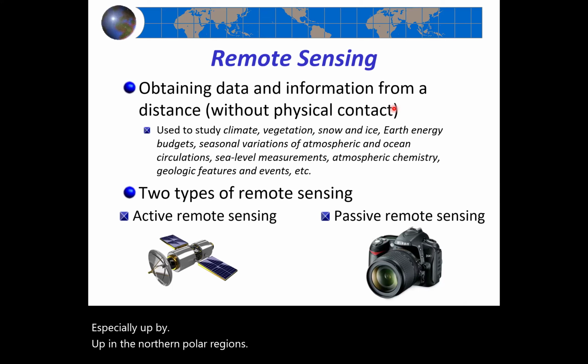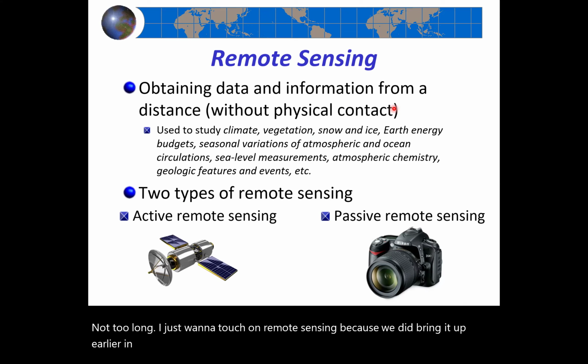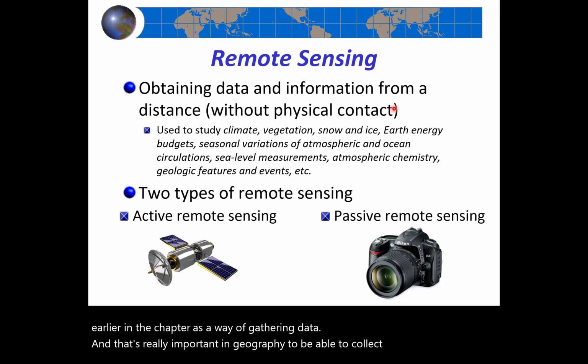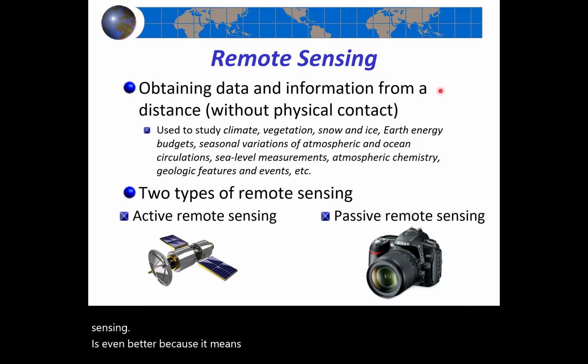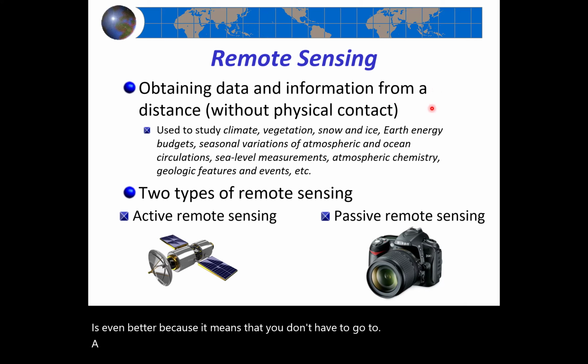Okay, so our very last section here, not too long. I just want to touch on remote sensing because we did bring it up earlier in the chapter as a way of gathering data. And that's really important in geography to be able to collect your data. And remote sensing is even better because it means that you don't have to go to a physical location to collect the data.